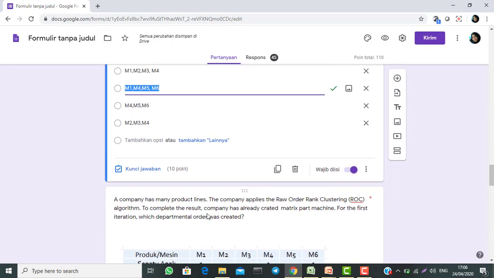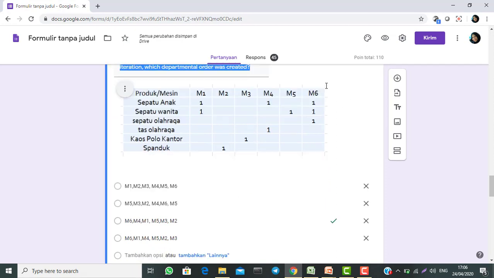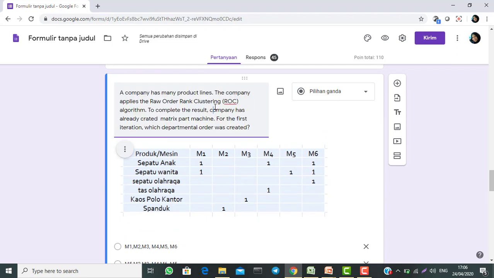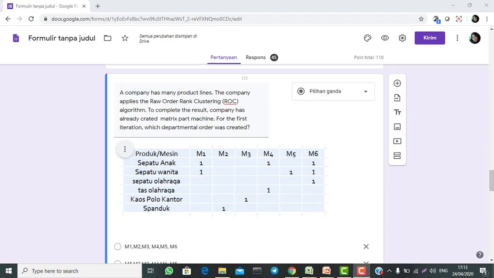Now a company has many product lines. Still the same but different algorithm. Now we use rank order clustering, or ROC. Next questions, still the same questions but different algorithms.